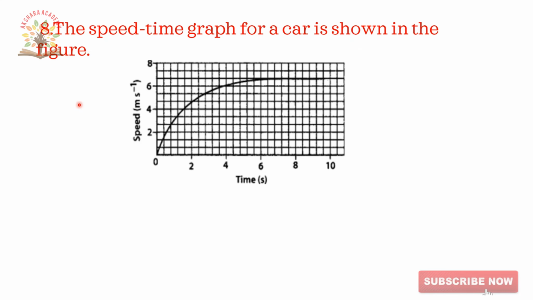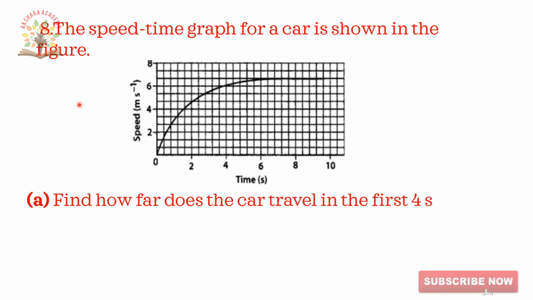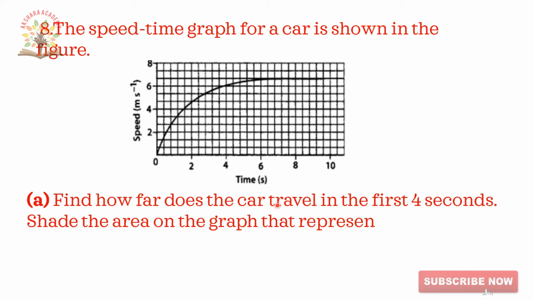That is the eighth question. The speed time graph for a car is shown in the figure. This figure represents the speed and the time. Now we have to solve these questions. First one, find how far does the car travel in first 4 seconds.